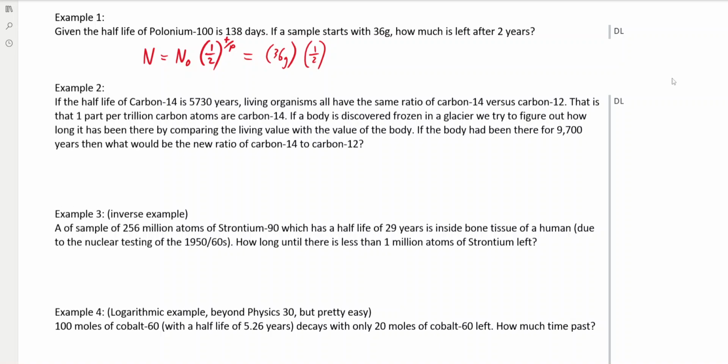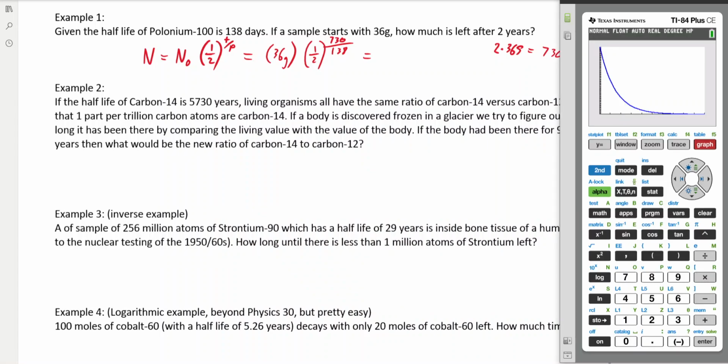Now, it's 2 years, so 2 years times 365 days per year, so it's 730 days. 138 days is the half-life period.